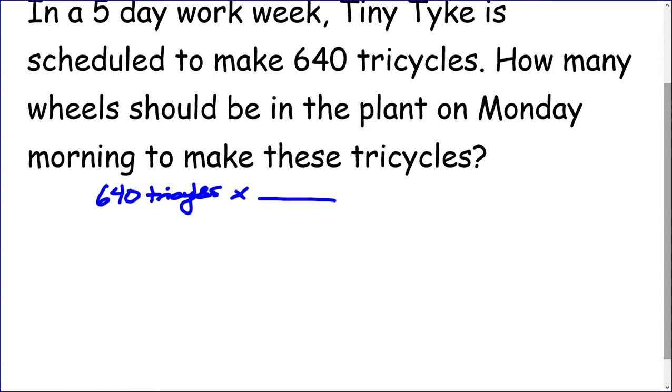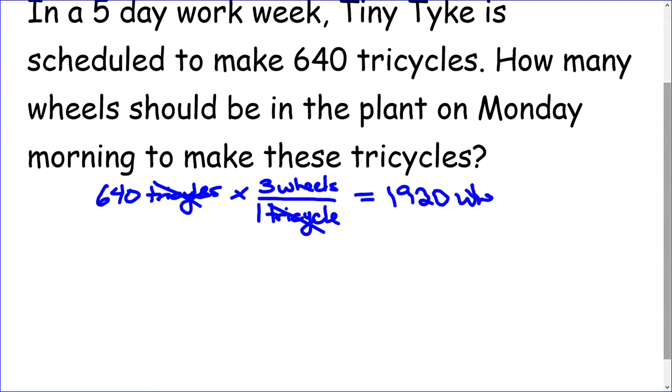Now, this is that approach that you would have seen with moles, where we're trying to cancel out units top to bottom. So we know in every one tricycle that there are 3 wheels. And so I can see that my tricycles are going to cancel out. And what's left is 640 times 3 with wheels as the unit. So that gives me 1,920 wheels in total.